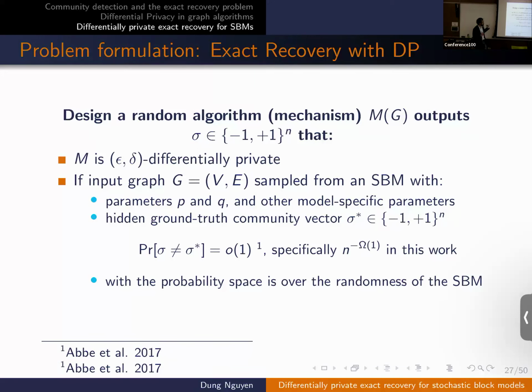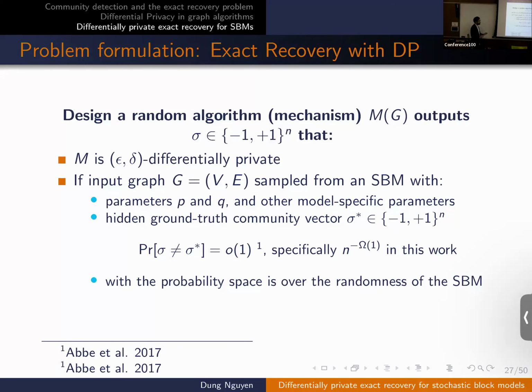We want to guarantee the exact recovery statement: if the input graph is randomly sampled from an SBM with some hidden ground truth vector sigma star, the probability that we fail to output the ground truth vector is upper bounded by little o of 1. Specifically in this talk, I use an inverse polynomial of n.